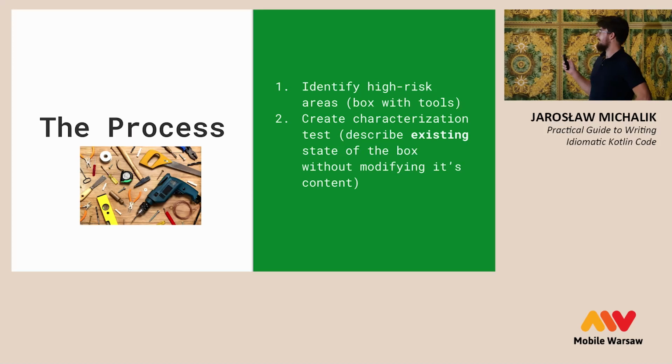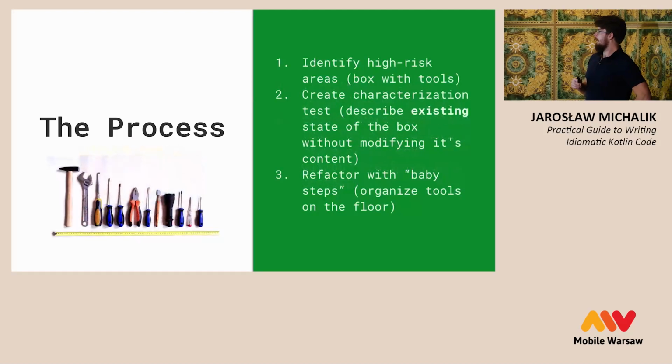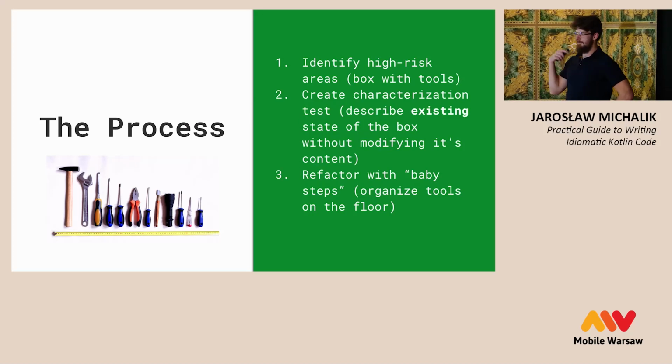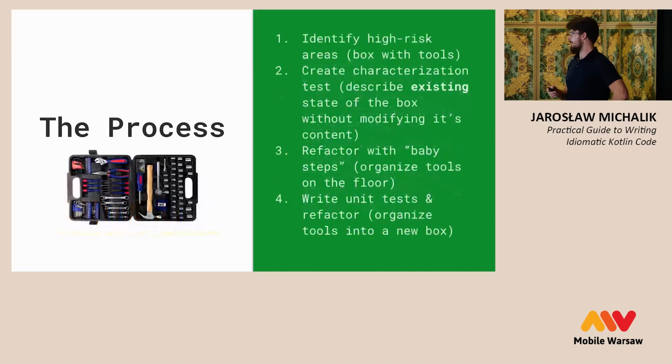And what happens next? Next, once we identified this box, once we created characterization tests, so describing exactly what is happening in our code, then we can refactor with baby steps and write proper unit tests to organize our code into the new box. And the fifth point, repeat.